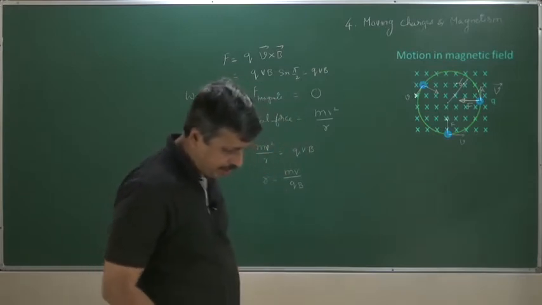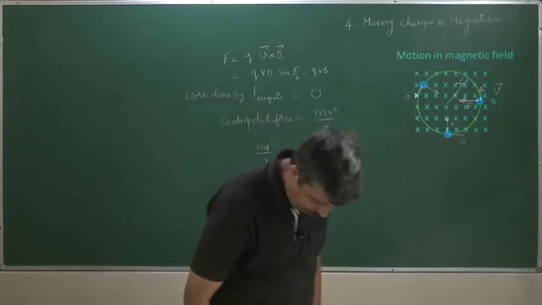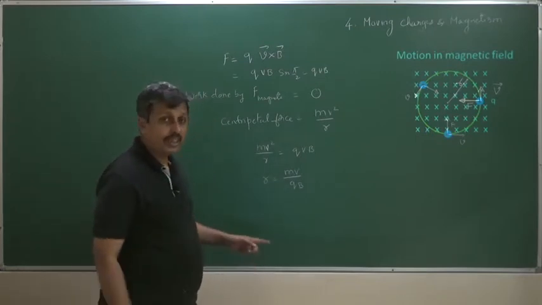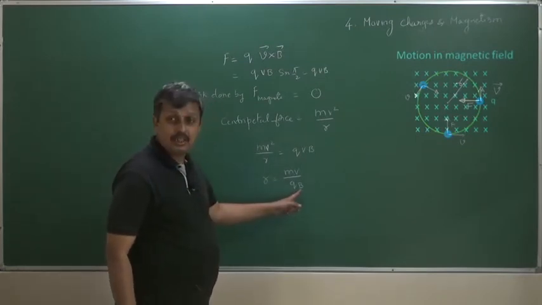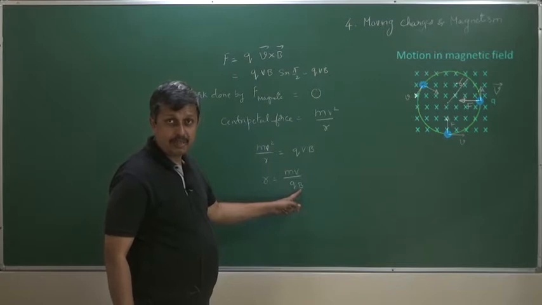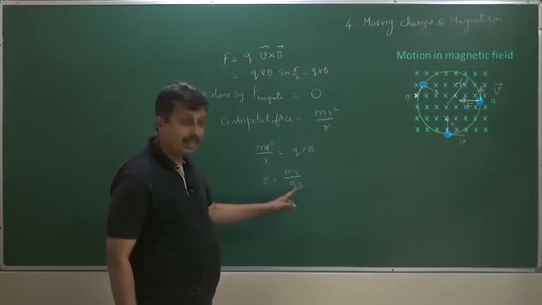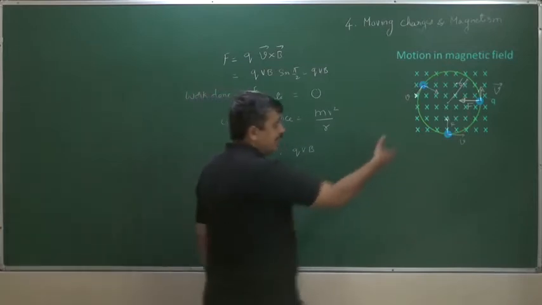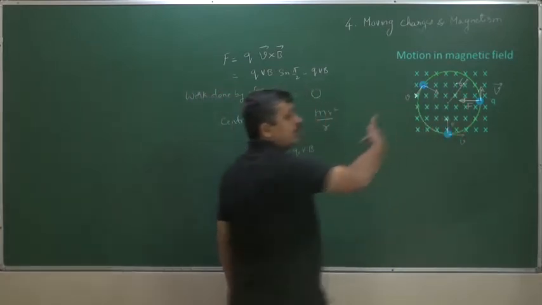So one can easily calculate the value of the radius by looking at what it is dependent on. The radius depends on the magnetic field. If the magnetic field is very high, the radius is smaller, which means it will turn very fast because there is a lot of force.